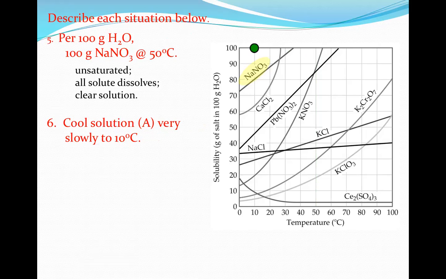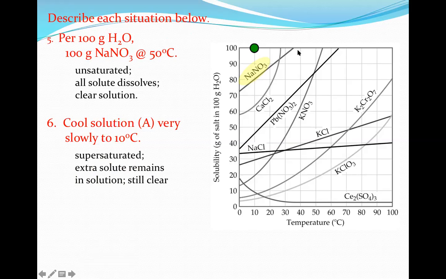Now, where is it? Is that point now on, above, or below the line? Well, now this point is above the line. So we have now gone from an unsaturated solution at 50 degrees Celsius to a supersaturated solution at 10 degrees Celsius. This is an example of temperature matters, okay?